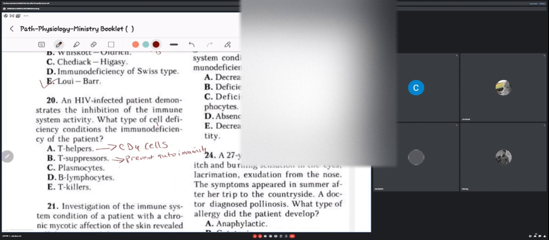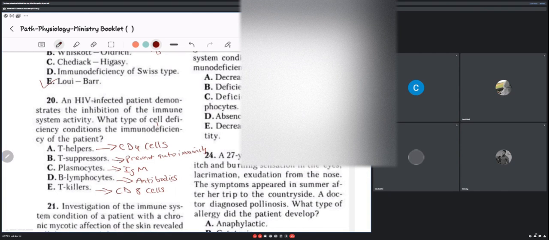Then plasmocytes, if you remember that picture of all those immunoglobulins, plasmocytes are the ones that produce immunoglobulin M. Then B lymphocytes produce antibodies. Then T killers are CD8 cells. So the helpers are CD4, the killers are CD8.